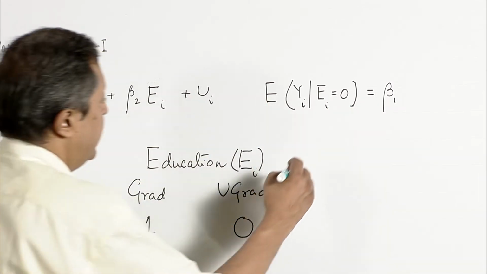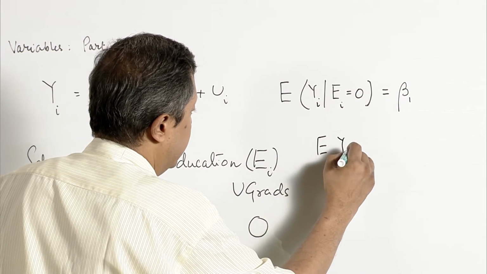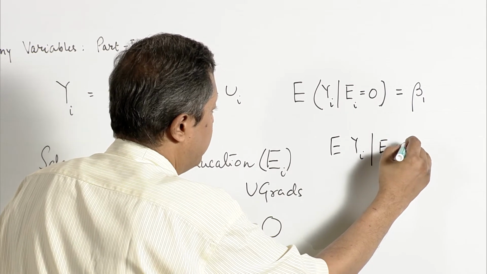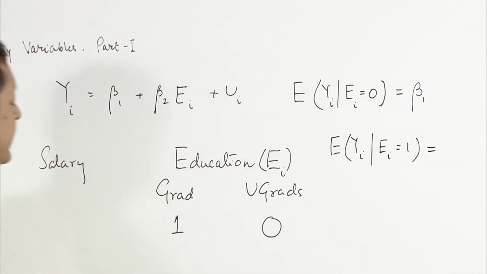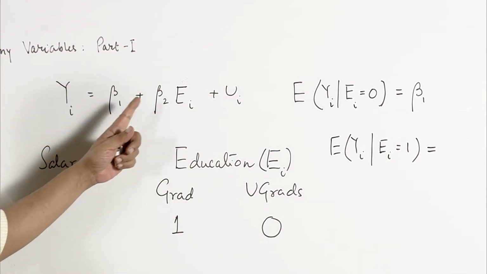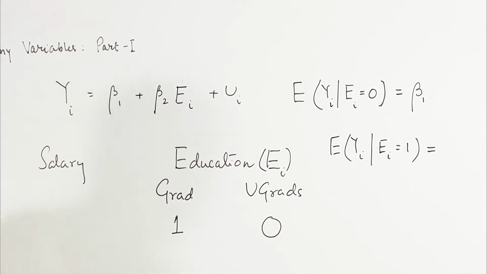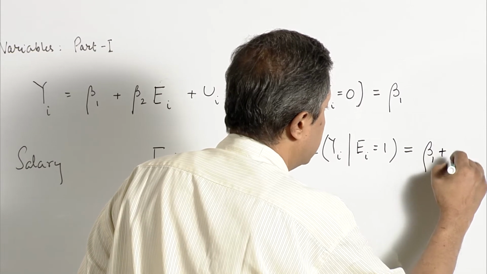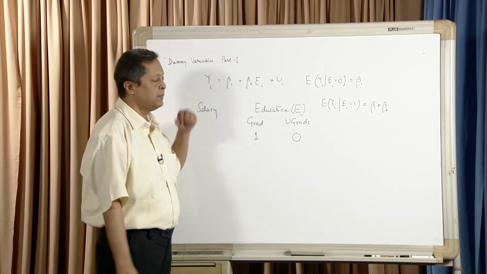Similarly, if we had considered the expected value of y given that the education level is represented by dummy value equal to 1, then we would get beta 1 plus beta 2 plus expectation of u_i, which is 0. So, that would give us beta 1 plus beta 2. So, what is the interpretation of this model?